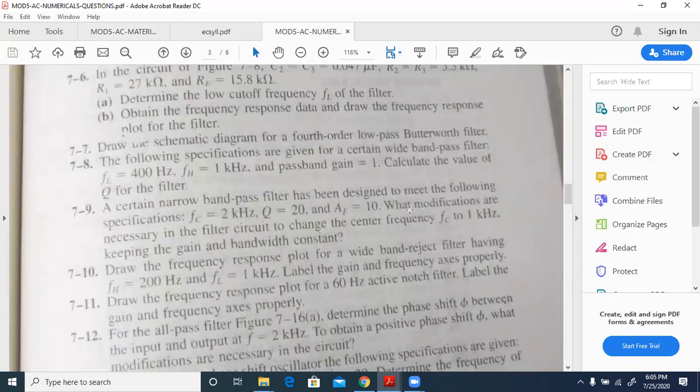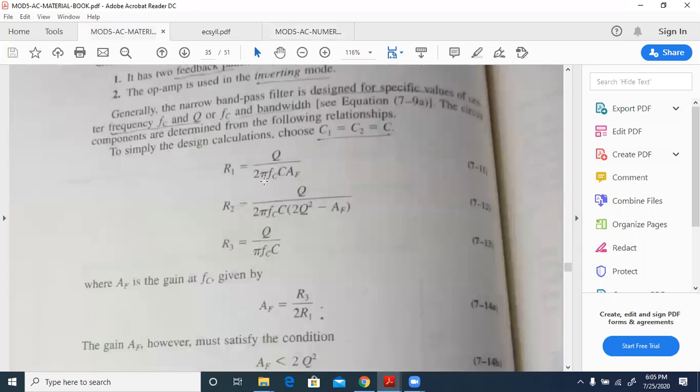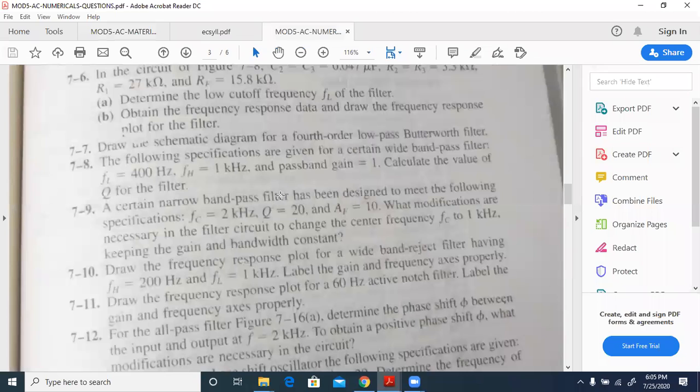Once all these are given, you can easily find out the value of R1.